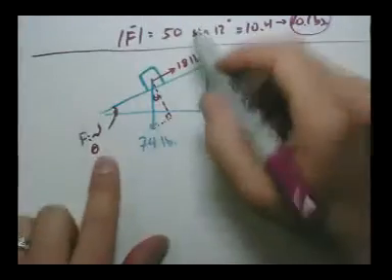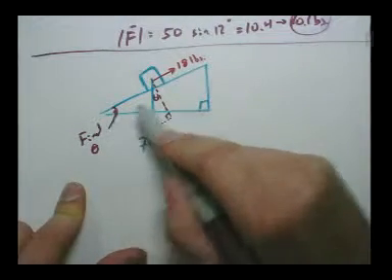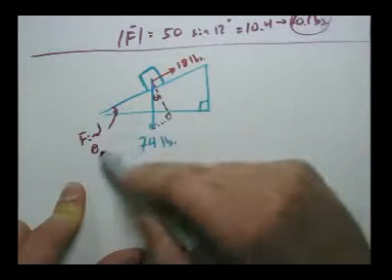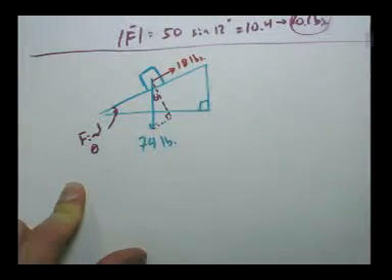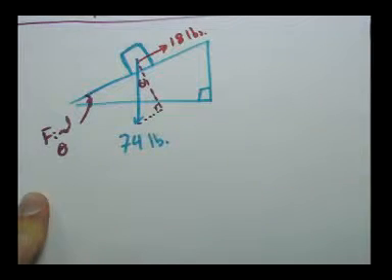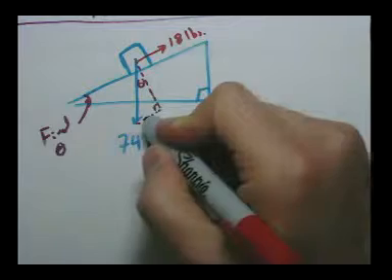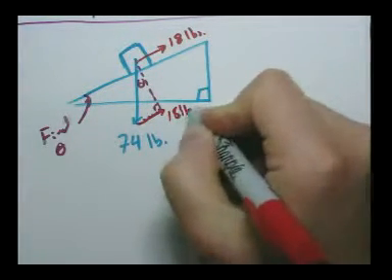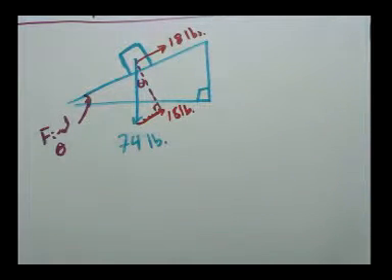Whatever angle I need here is going to be identical to the angle that I get here. These angles are going to be the same. So, what does that tell us? If this force is 18 pounds, that means that force is 18 pounds.